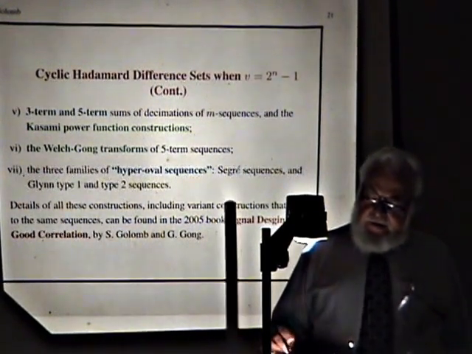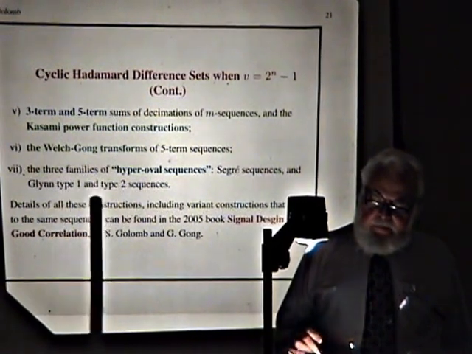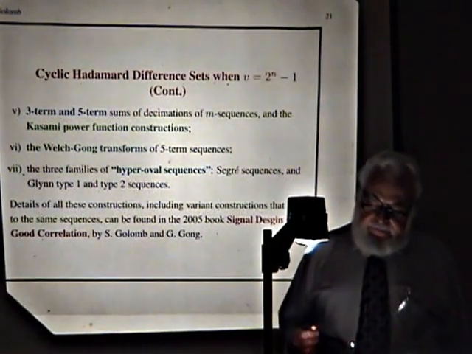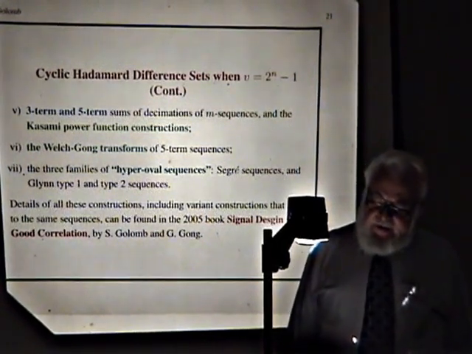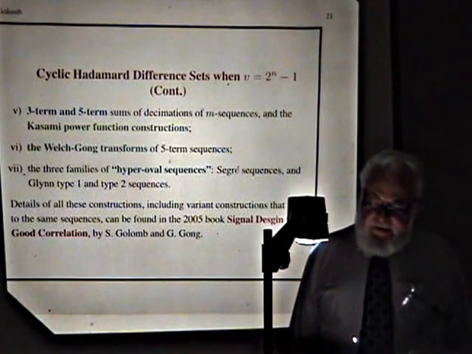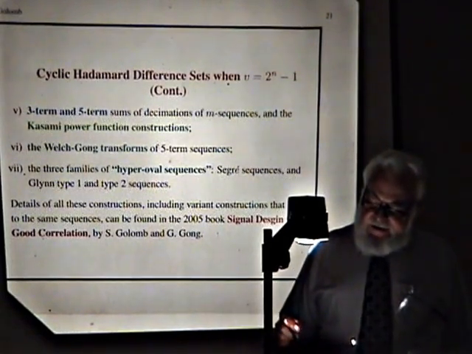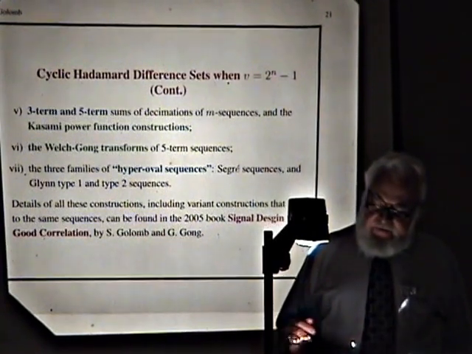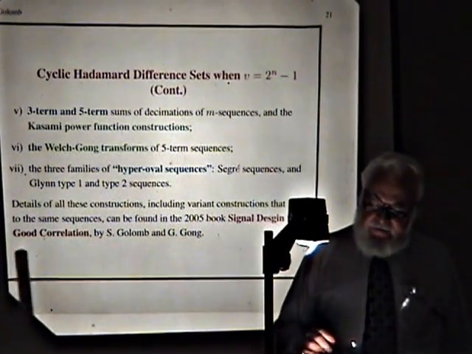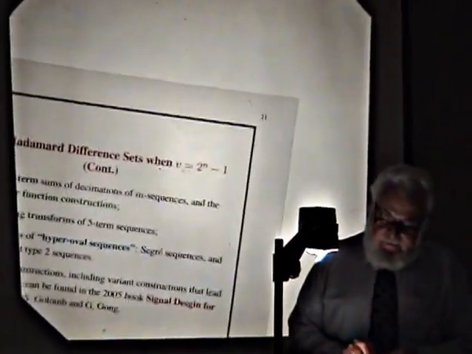Of these 3 new types, one are called Segre sequences, and then Glynn type 1 and type 2 sequences. And details of all these constructions, including variant constructions that lead to the same sequences, can be found in the book that Guang Gong and I finally completed and published in 2005, Signal Design for Good Correlation, Cambridge University Press.